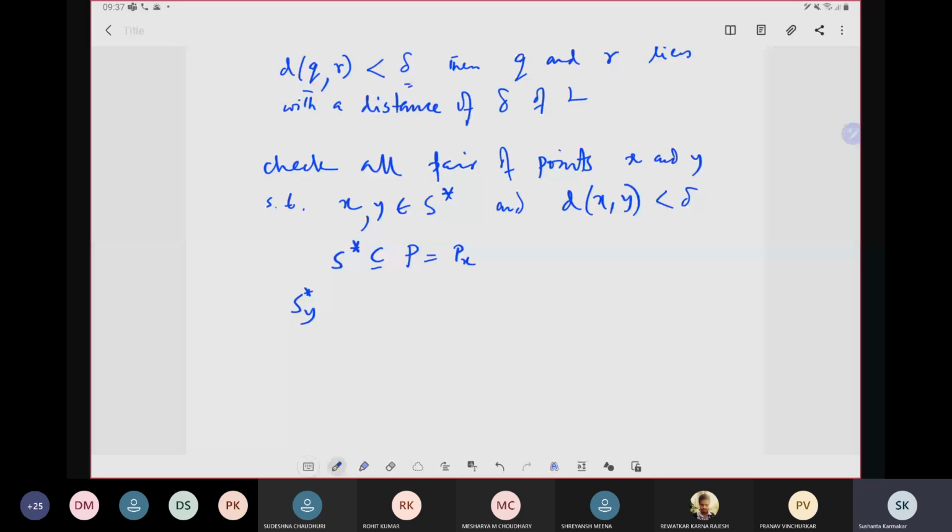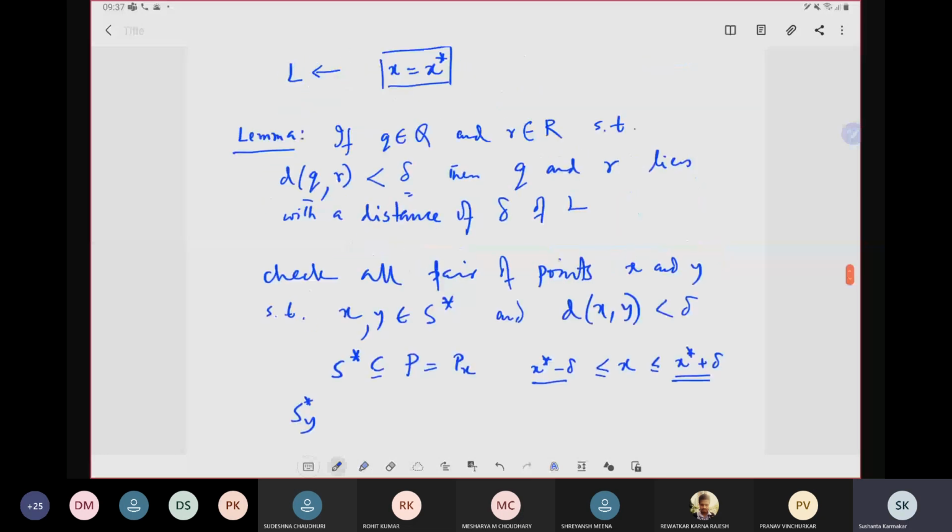Basically, all the points whose x coordinate value lies between x star minus delta and x star plus delta.